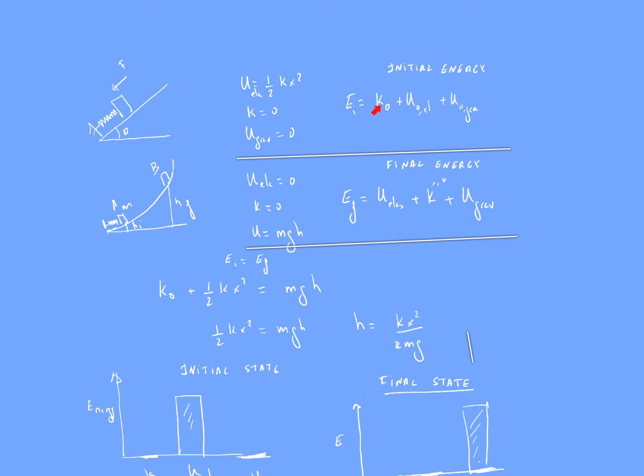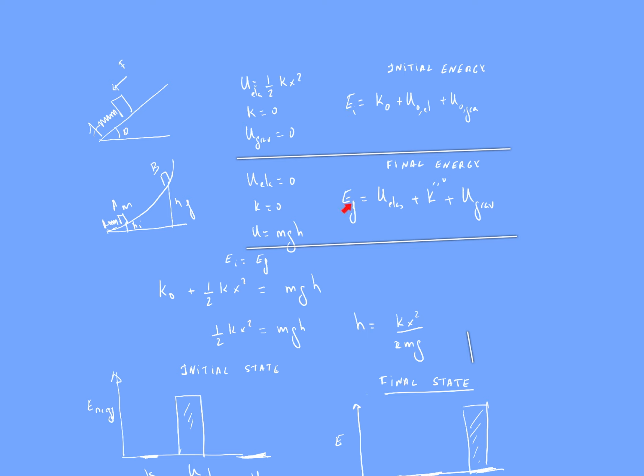K is 0 because the velocity is 0 at the point A. The gravitational U is 0 because the object is at the floor. And the U elastic is due to the compression of the spring, a certain amount of potential energy stored. So the mechanical energy initial will be only due to this term.